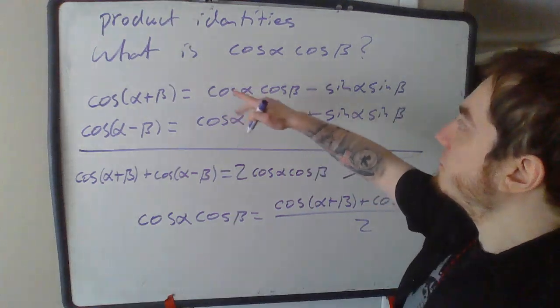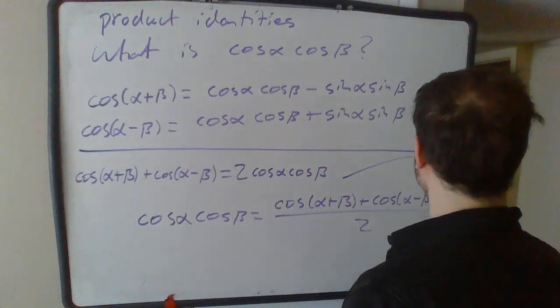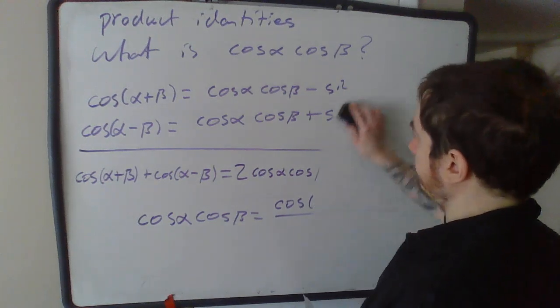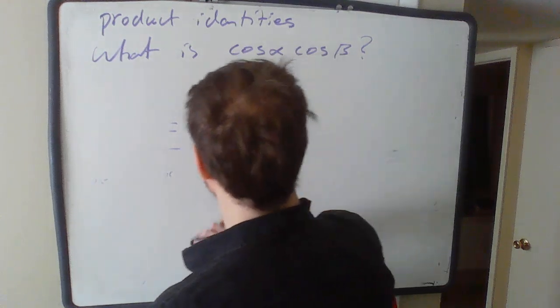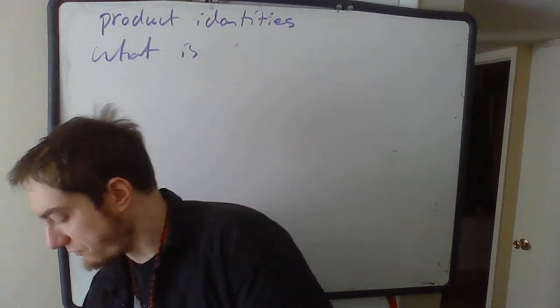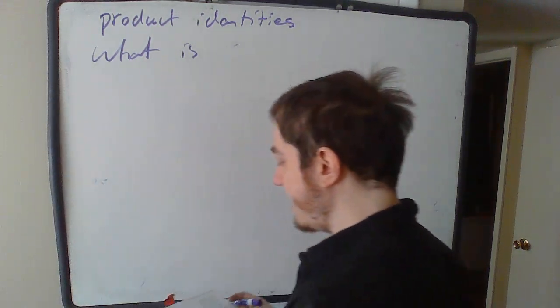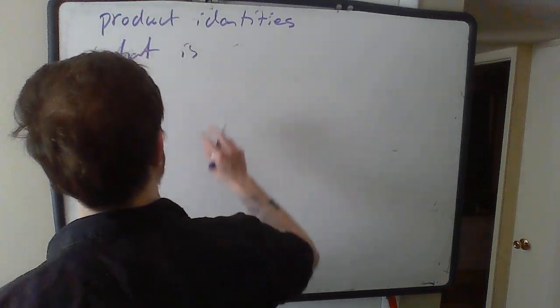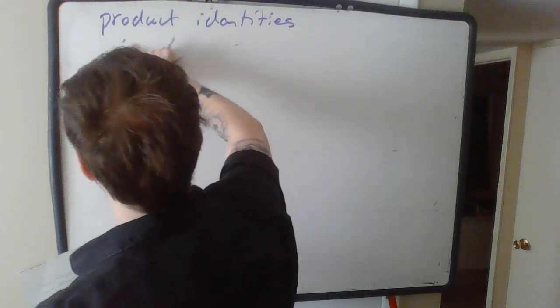Now, in addition to finding cosine alpha times cosine beta with this method, you can actually find a couple more identities by using the same kinds of reasoning. And since it's almost exactly the same kind of reasoning, I'm just going to write down the upshot of what you get rather than showing you guys the same thing 3 times in a row.